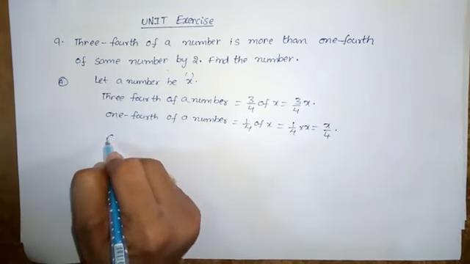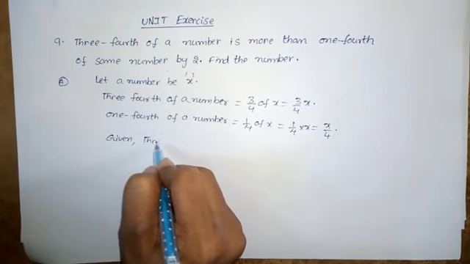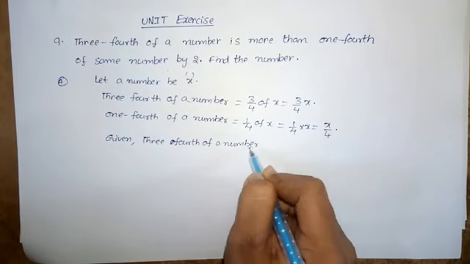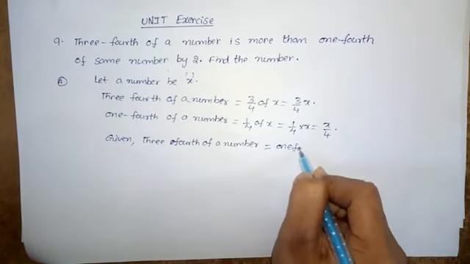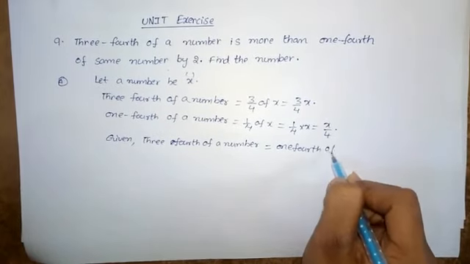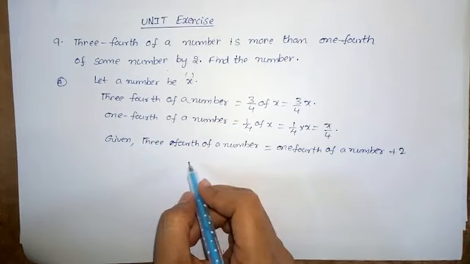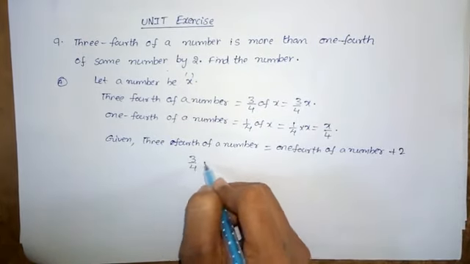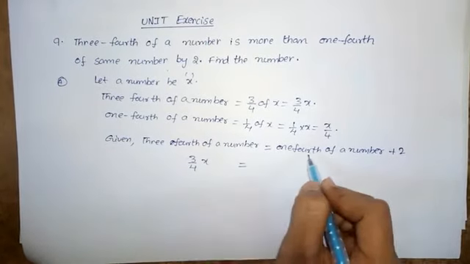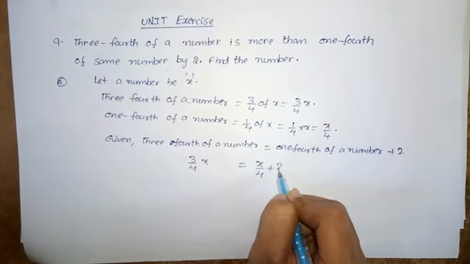So in the problem, 3/4 of a number is equal to 1/4 of a number plus 2. Why plus 2? Because it is more by 2. So 3/4 of a number is 3 by 4 x, and 1/4 of a number is x by 4. So 3 by 4 x is equal to x by 4 plus 2.